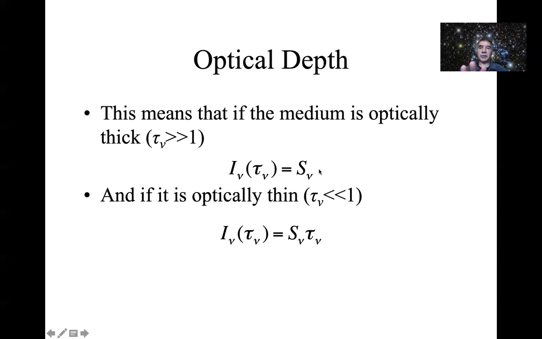So you see into this source, but you just see a kind of surface, if you like, radiating where the optical depth is 1. You don't see any further. If the medium is optically thin, so tau is much less than 1, you can see all the way through it. And in a sense, the amount of radiation you get will just depend on this value of tau. If you've got a lot less medium, then the intensity will be smaller.